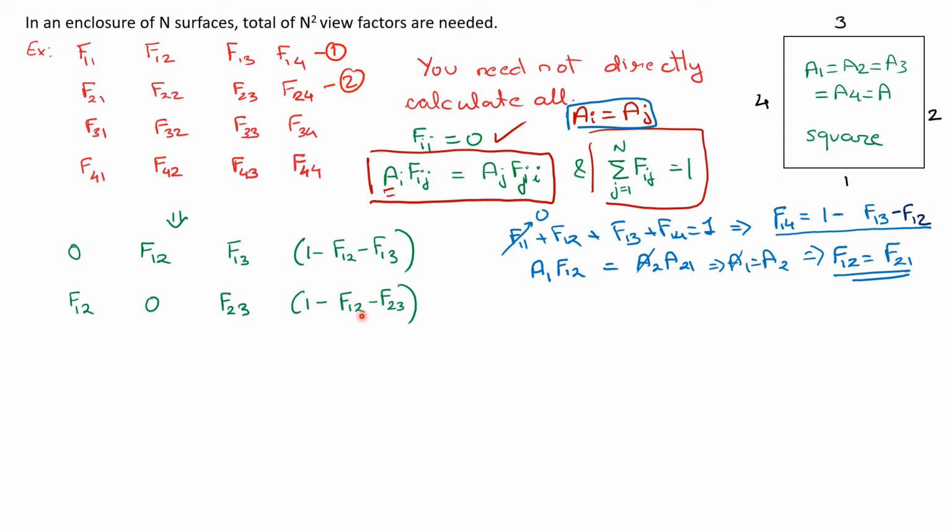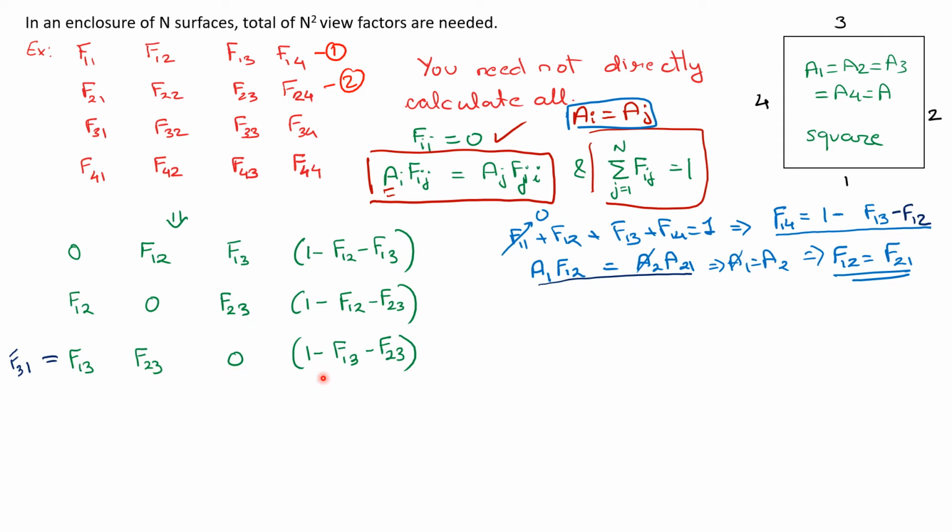So I've directly written that instead of F24. For our next set of equations, I have replaced F31 by F13 by using reciprocity. It's similar to what we did for F12 and F21. Because our areas are equal, F31 will be equal to F13, and for F32 I've done the same thing. Instead of F32, by reciprocity I've written it as F23.